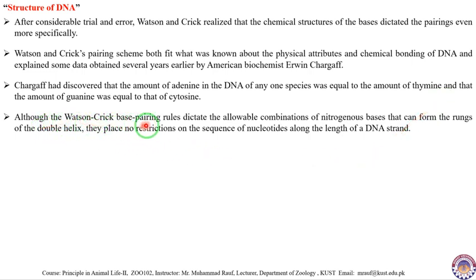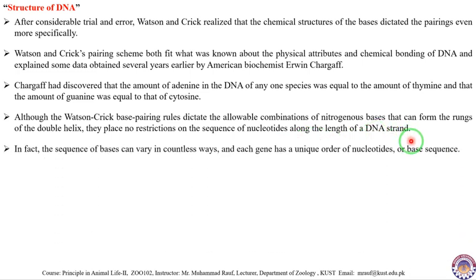Although the Watson-Crick base pairing rule dictates the allowable combination of nitrogenous bases that can form the rungs of the double helix, they place no restriction on the sequence of nucleotides along the length of a DNA strand.